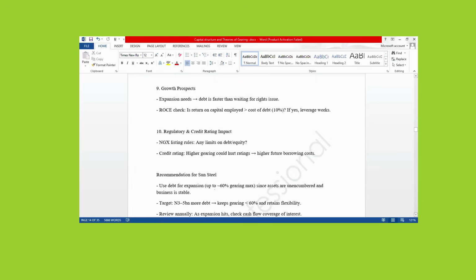At a higher level of borrowing, that will reduce a company's credit rating. If the credit rating reduces, the cost of borrowing will rise. Lenders will not be willing to lend you money, or they will lend you money at a higher cost.